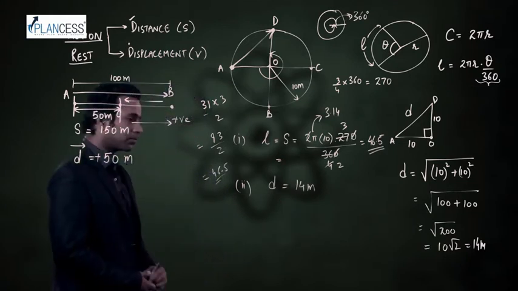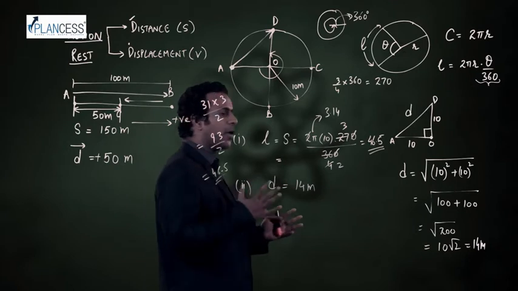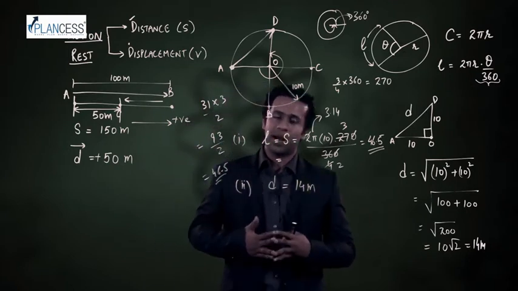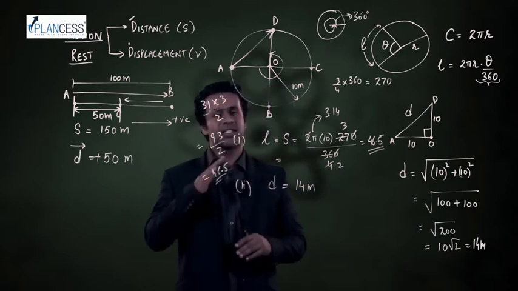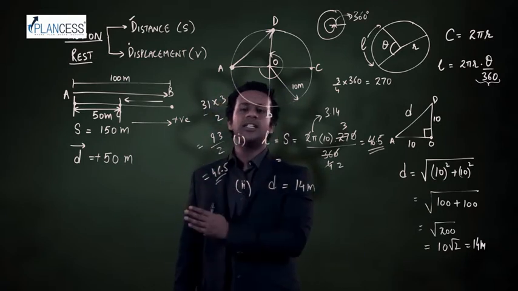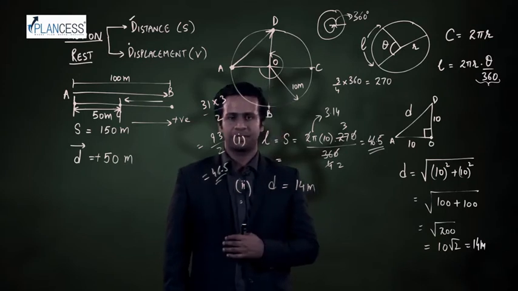Right. So I hope you understand that distance is the length of the path taken by the particle, and displacement is simply the shortest path it could have taken to go from the initial position to the final position. So in this session, we learned about distance and displacement.